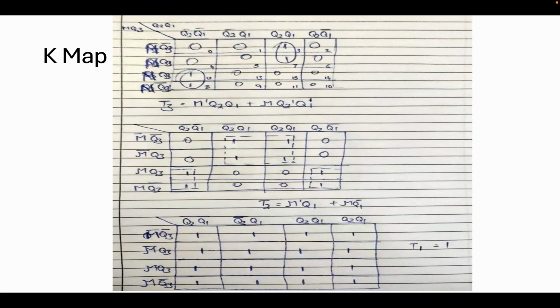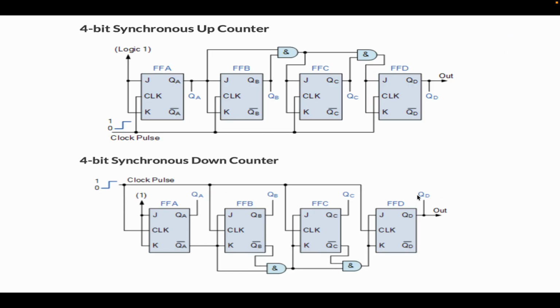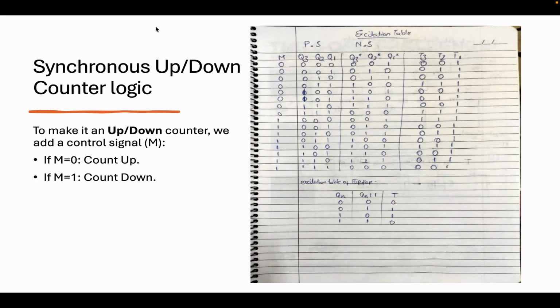Now that you have got it, you have to write the K-map. This is for T3. You should know how to write a K-map in order to design the up-down counter. Let us see one example, the column T3. We put all 4 inputs: your control signal M, Q3, Q2, Q1.